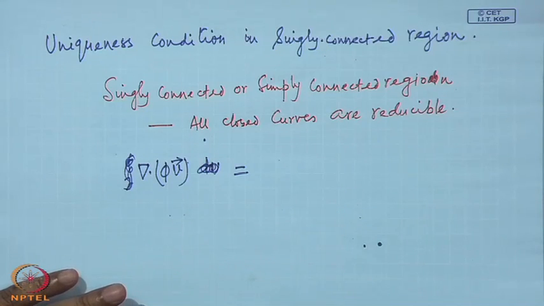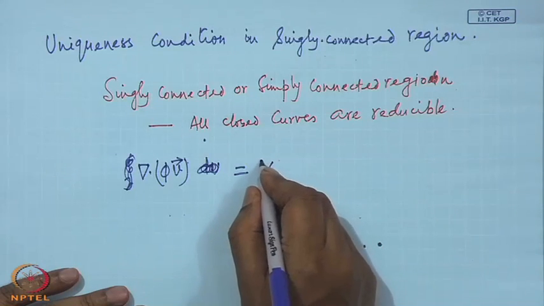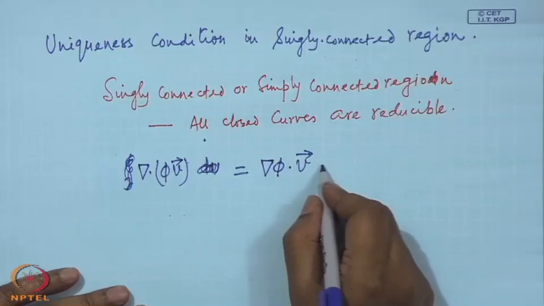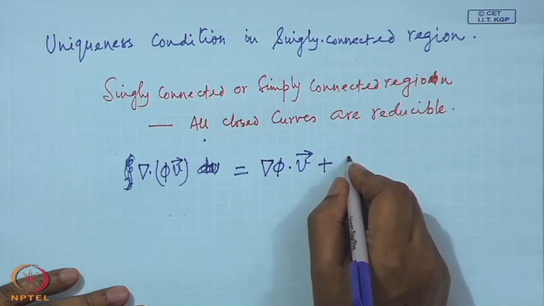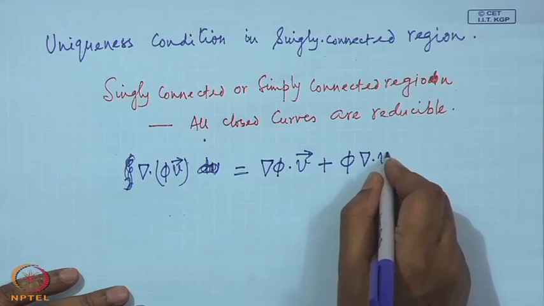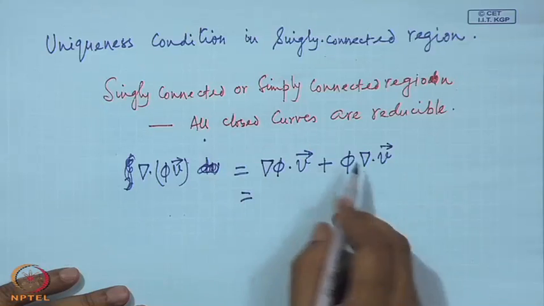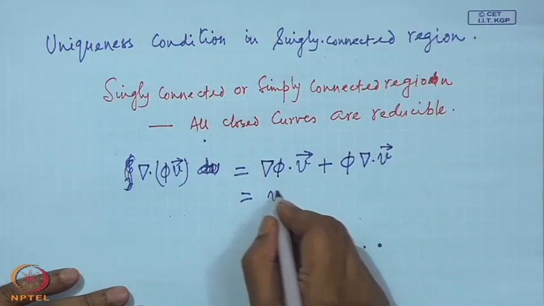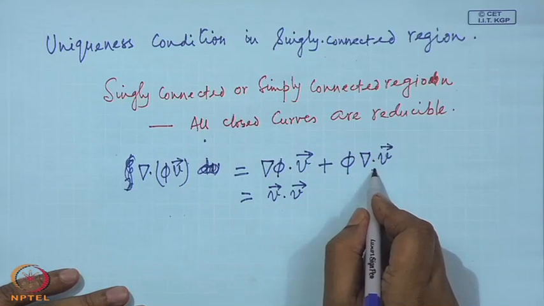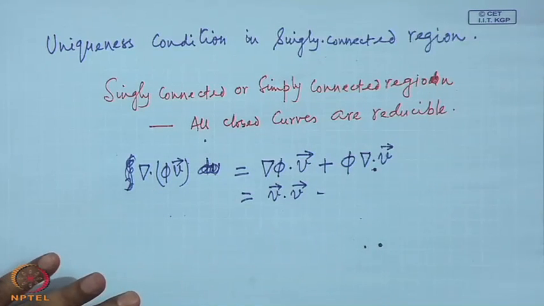Divergence of phi v is grad phi dot v plus phi divergence v. Now, we have grad phi is again v. So, it is v dot v and this is 0, divergence of v is 0. So, this divergence of phi v has become v dot v.